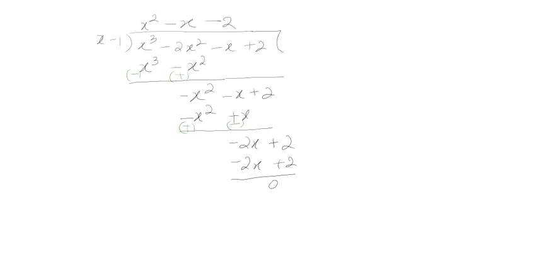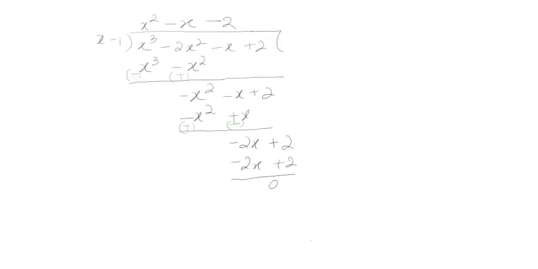Now this quotient which you have, from that quotient I can split the middle term and I will get two more factors, right? So it is x square minus x minus 2. So I'll take this one.